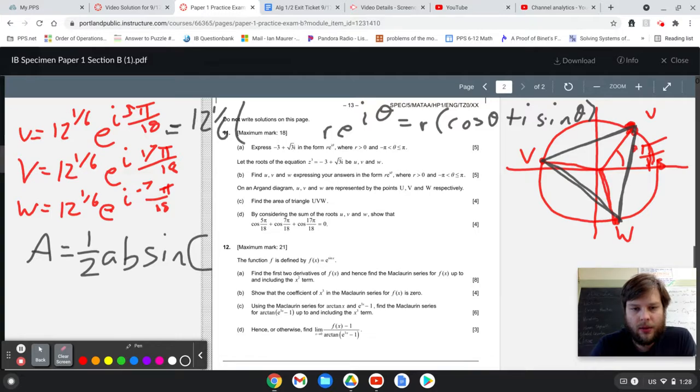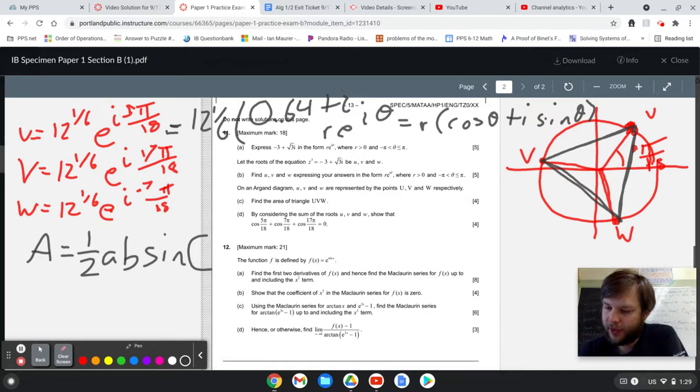I'm in the correct mode. So we get about 0.64 plus i times the sine of 5 pi over 18, which is 0.766.